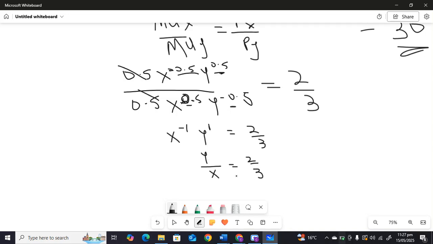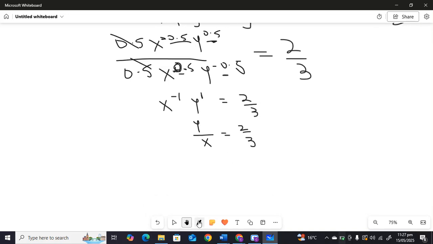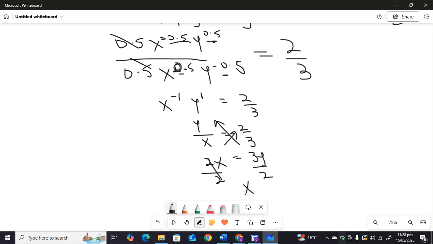Okay, and here we can try to find the value of any. So here let's find the value of x. Let's make x the subject of the formula. So x times 2, that is 2x. Cross multiply, then 3 times y, that is 3y. So to make x the subject of the formula, 3 divided by 2, that is 1.5.